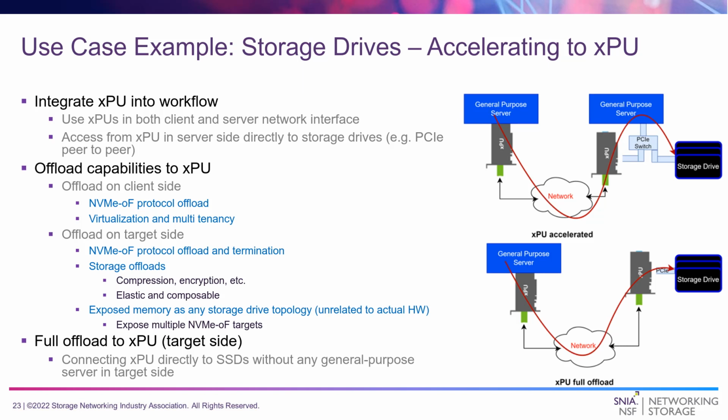And if there are no intensive tasks that need to happen on the target side, that depends on the use case and what features that storage drive needs to give. So if there are no intensive tasks like failover or auto mirroring or things like that, we can do a full offload, meaning we can implement everything inside the xPU and that storage drive and eliminate the need for a general purpose server on the target side, which is what Tim referenced as the revolutionary step of the xPUs.